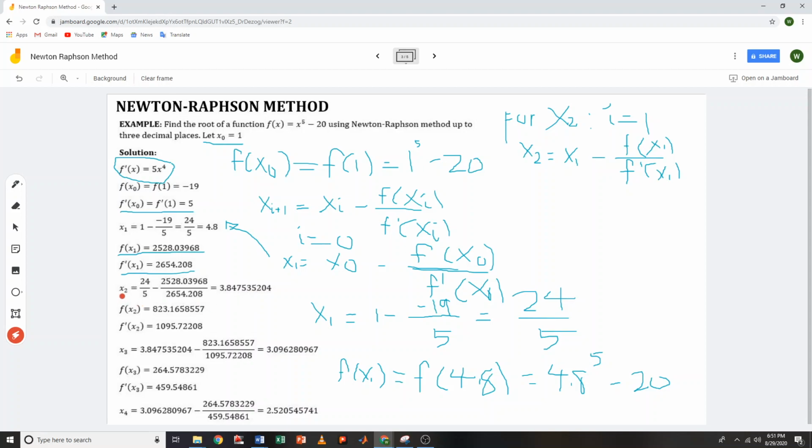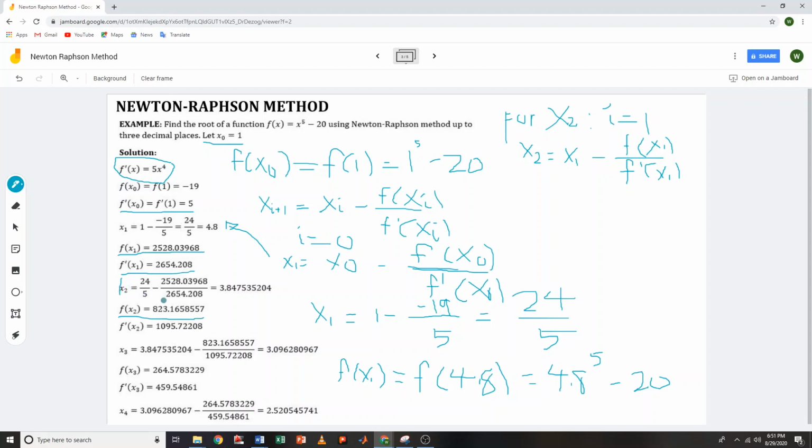So we have a value of x2 that is 3.847535204. If we evaluate this x2 using this, you can get this value.